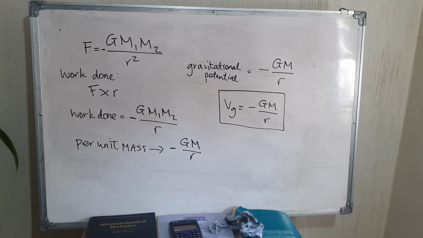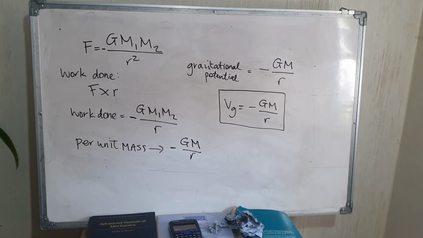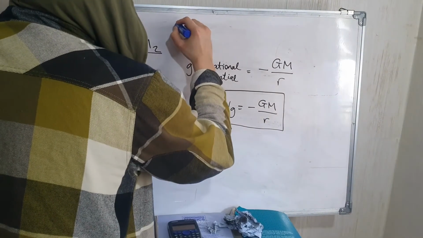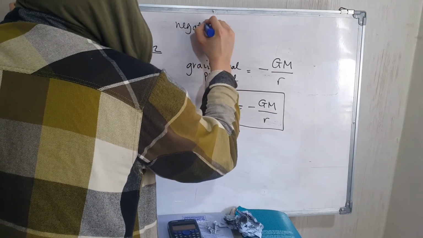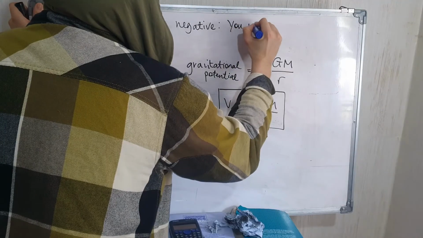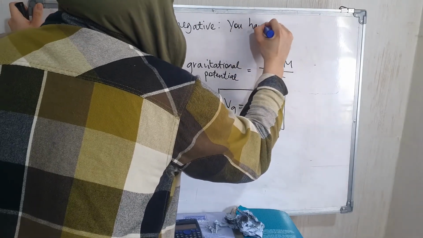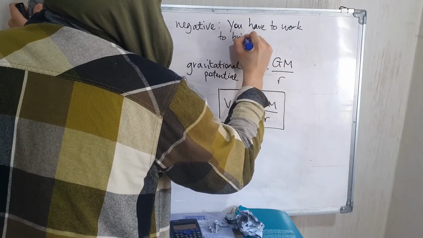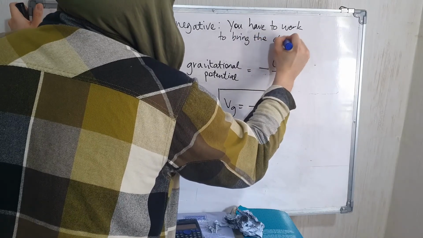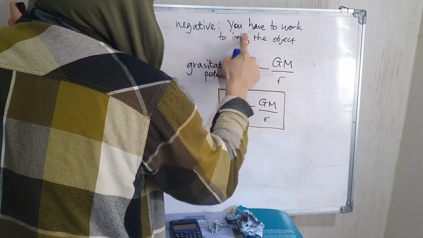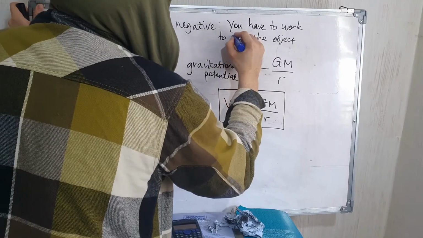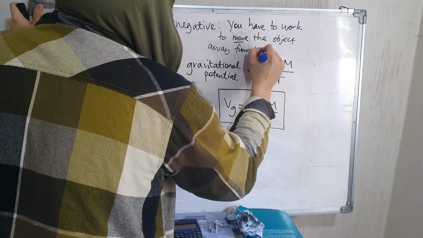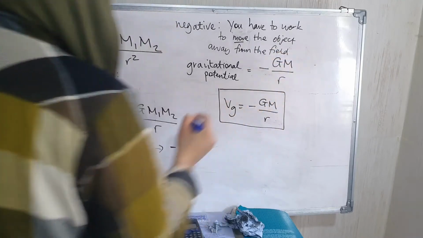Another way to think why it is negative is because you have to do work against the field to move out of it. So that's another reason it's negative: if you move the object away from the field, you have to do work.